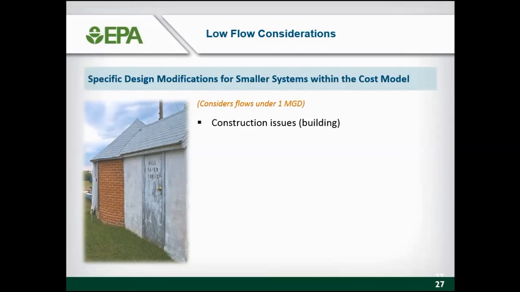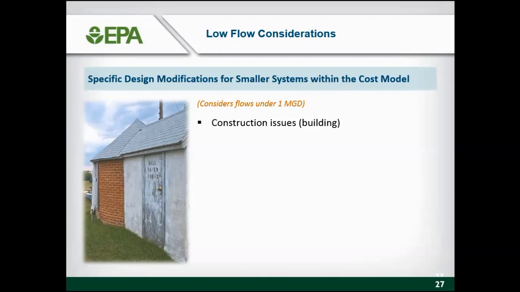So low flow conditions. What are the issues that are important in terms of small systems that don't really come into play with, or are at least different from, large systems? I wanted to concentrate on this because this is a small system webinar. So the first is construction issues. The buildings can sometimes be prefabricated buildings for small systems.